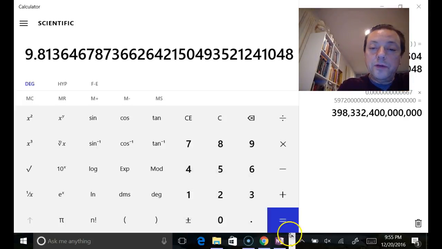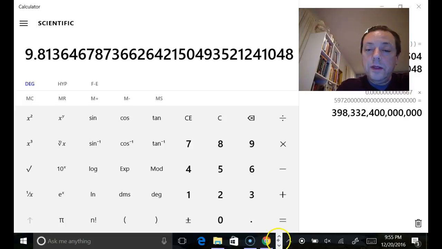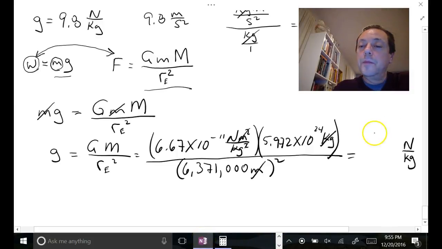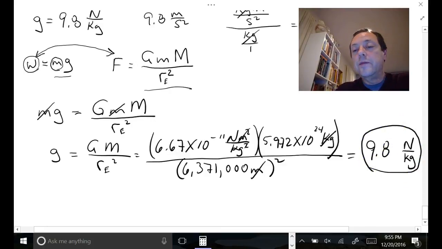9.8. I can't draw on here, but if you look at those first two numbers, that is exactly what we get. 9.8 newtons per kilogram, or the acceleration due to gravity on the Earth.